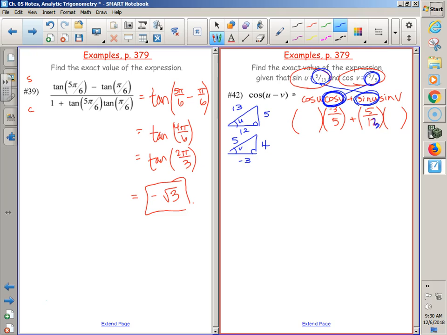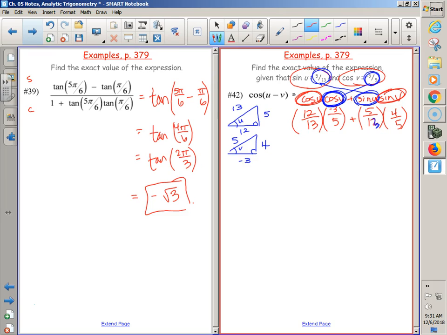So, did they tell us cosine of u? No. But they gave us two sides of the u triangle. You should go find your own cosine u. It's 12/13, by the way. Did they tell us sine of v? No, but they gave us two sides of the v triangle. You should be able to go find it. It's 4/5, by the way. All the trig are gone because I found all the trig using the triangles.